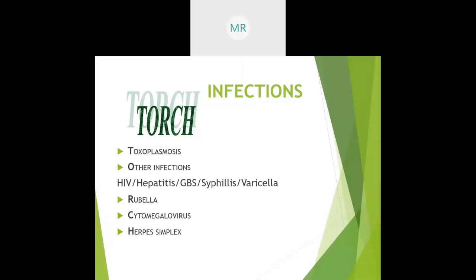Toxoplasmosis is a protozoal infection that's caused by, 1, eating improperly cooked meat. So make sure everything is cooked that mama puts in her mouth while she's pregnant. And 2, contact with cat feces or cat litter with toxoplasmosis.